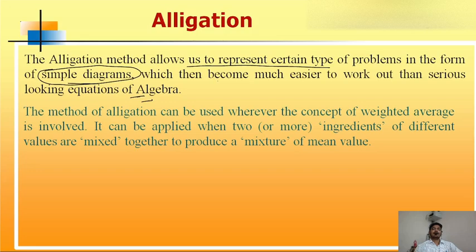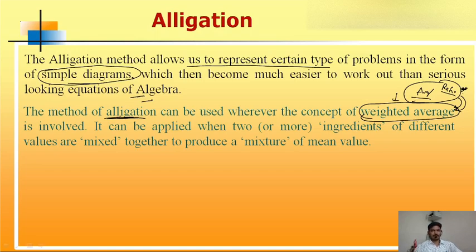Next, what does it actually mean? The allegation method is mainly based on the concept of weighted average. Whatever was discussed in the average and ratios topics is basic to solving the allegation topic.